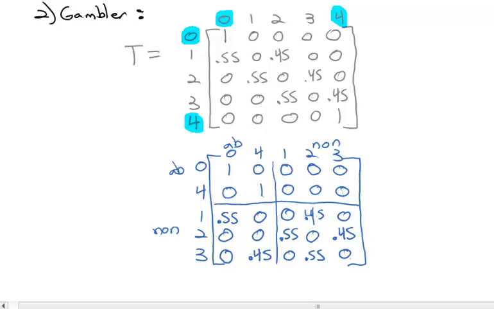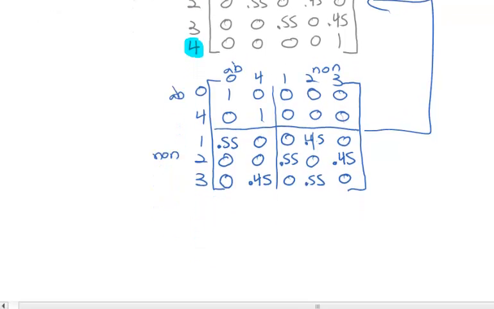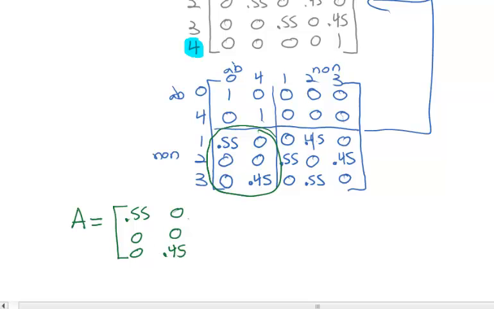So what I want to notice here is this matrix gives the same information as the matrix above it. We've just reordered the numbers. Put in the absorbing states where you get stuck in the top left, and the non-absorbing states in the bottom and the right. When we do this, we can clearly see that A is the bottom left matrix of 0.55, 0, 0, 0, 0.45.